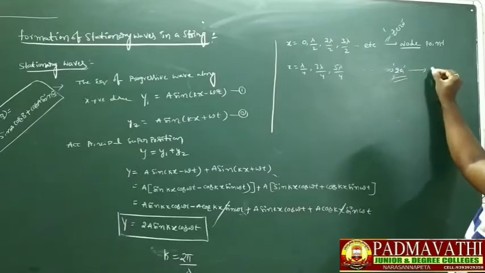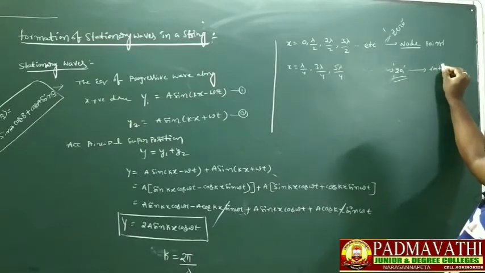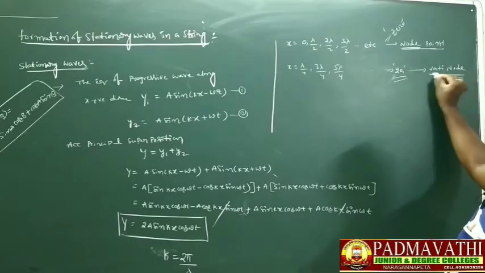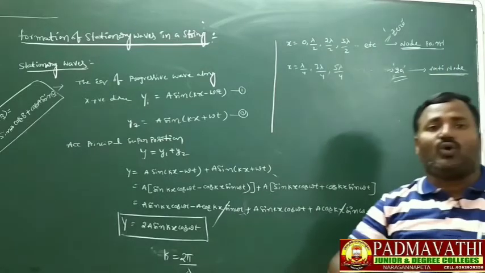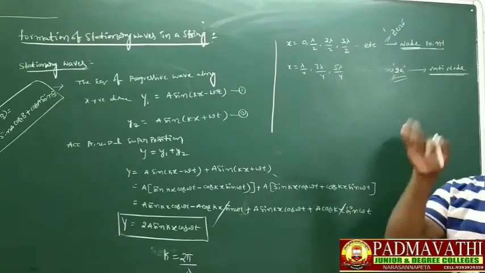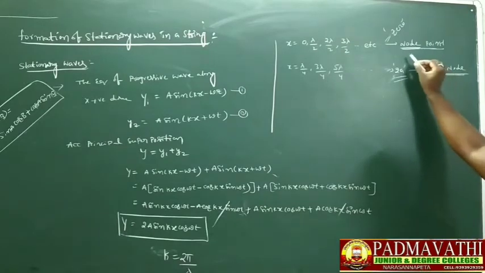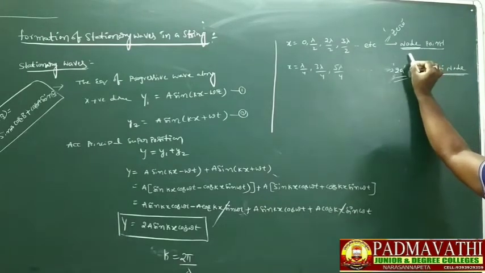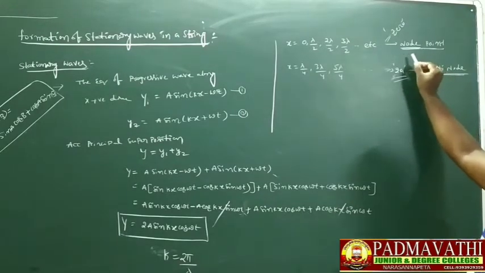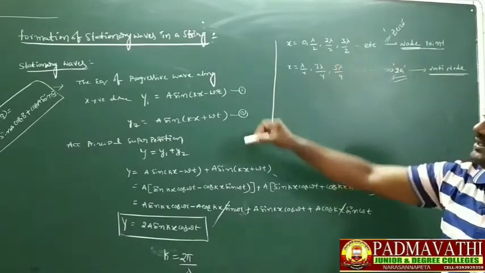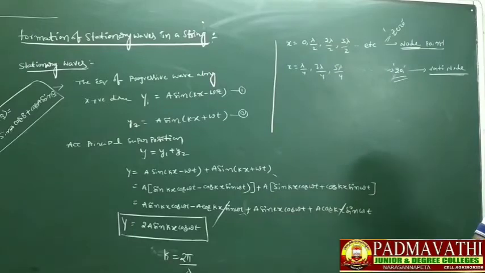That position is said to be an antinode. So this is the node point and this is the antinode point. Nodes and antinodes are formed in a stationary wave, as we discussed in the last class.